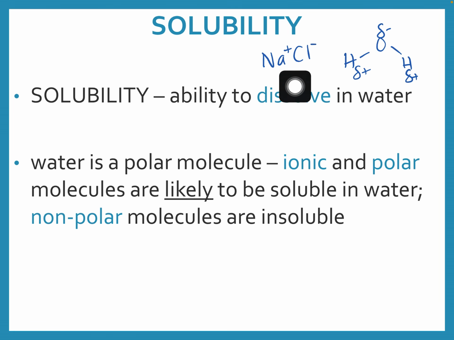So if we wanted to separate sodium and chloride, a lot of energy would be required. And so it's a very high melting point to take solid sodium and get it to become liquid sodium. And then again, even higher to go from liquid sodium chloride to gaseous sodium chloride.